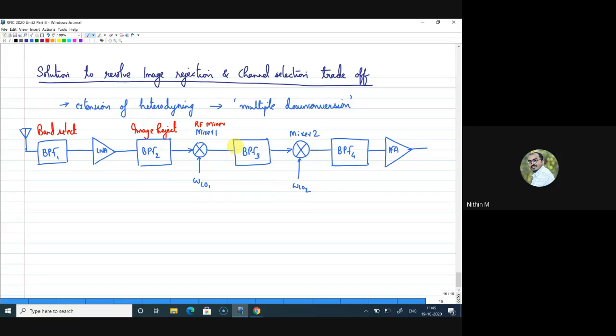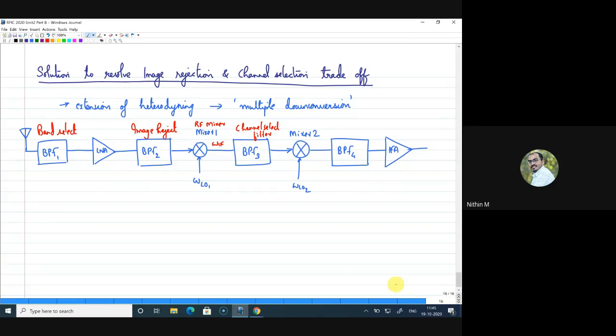So that is why again I am using a band pass filter here. So I will call that the channel select filter only. This is the channel select filter only. But the omega IF that I am getting here is not too low, it is high. That means even the channel select filter will be having a lot of interference. So the previous same thing persists here.